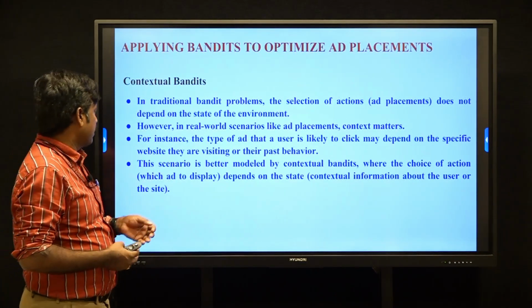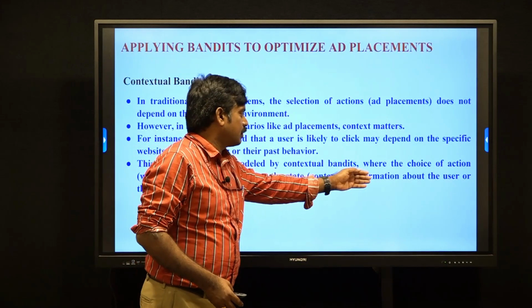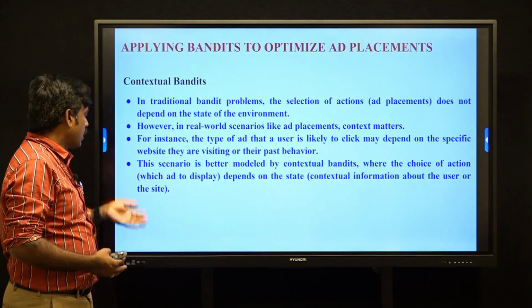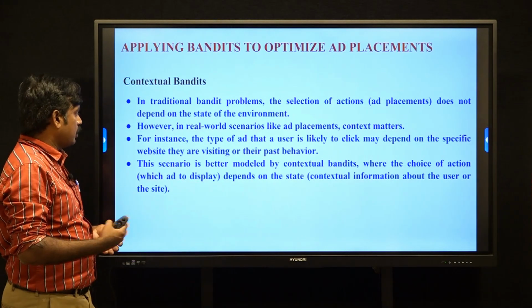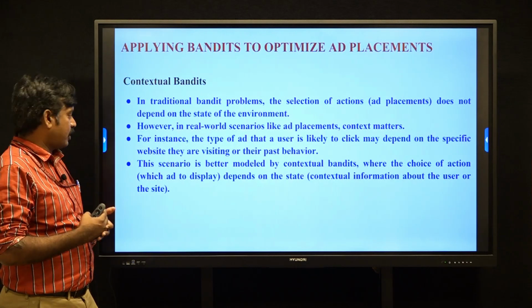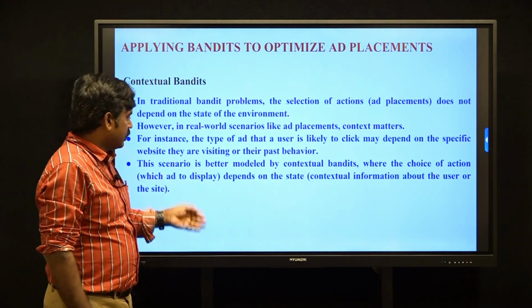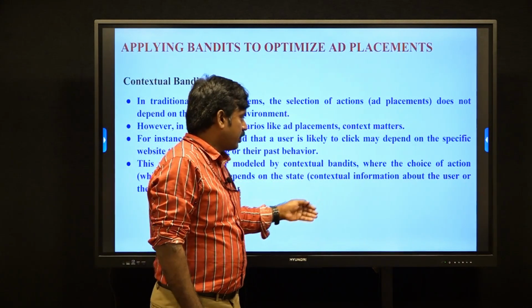This scenario is better modeled by contextual bandits, where the choice of action means which ad to display. In the multi-armed bandit, opening the arm is the action. Here the action is which ad to display. This action depends on the state.